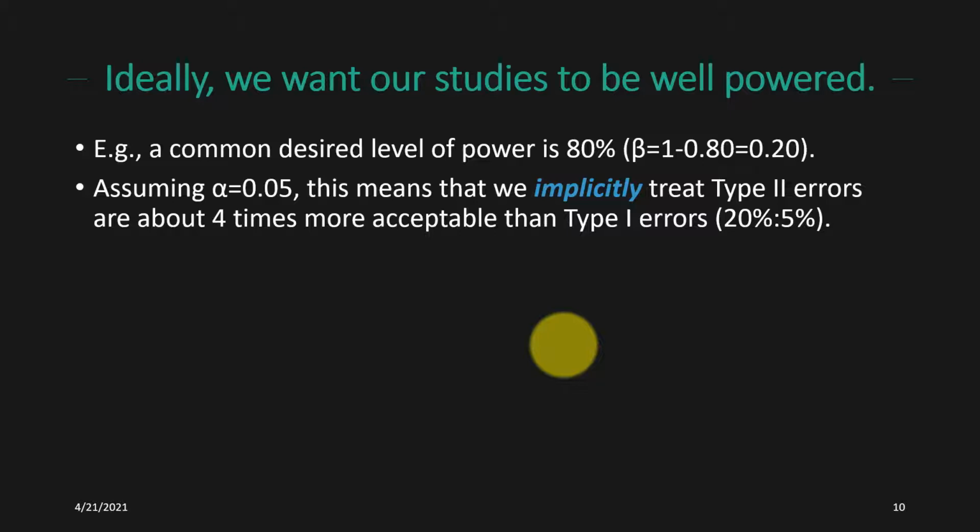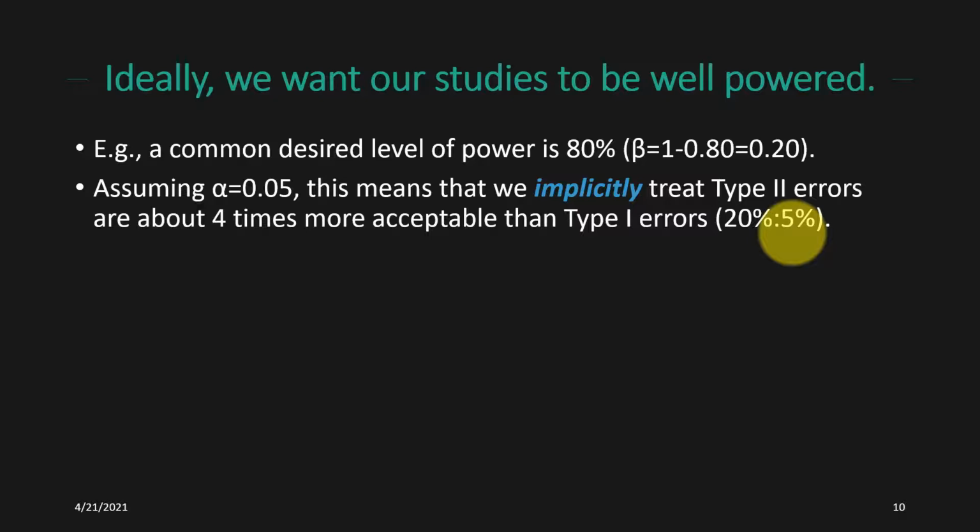If we assume the conventional alpha level of 0.05 and a conventional statistical power level of 80%, that means we are implicitly treating type 2 errors as about 4 times more acceptable than type 1 errors, because we're saying we're comfortable with a 20% chance of a false negative, but only a 5% chance of a false positive.